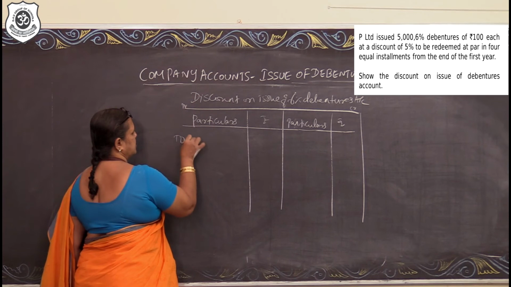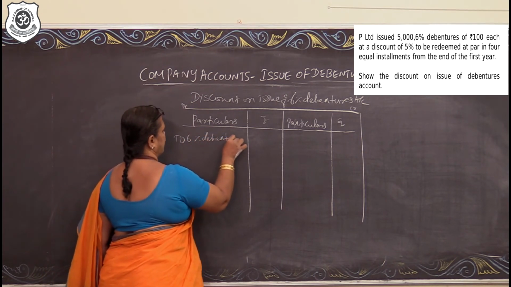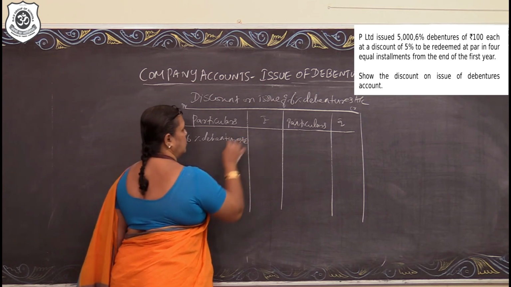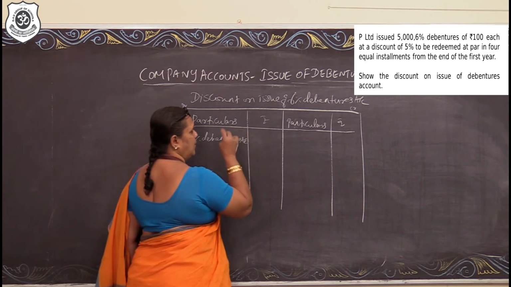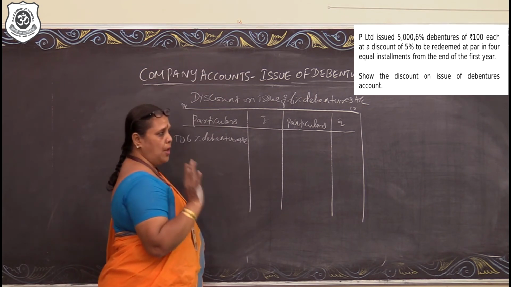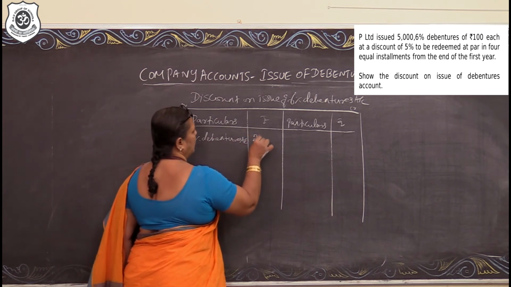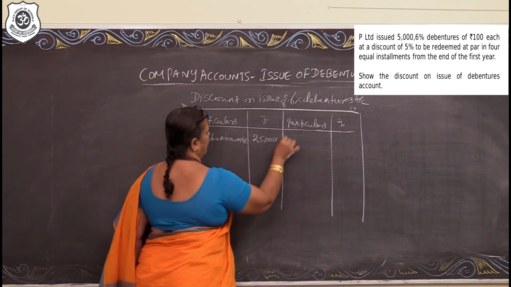To 6% debentures account will be 5 rupees, because 5% of 100 rupees is 5 rupees into 5,000 debentures, you have 25,000.